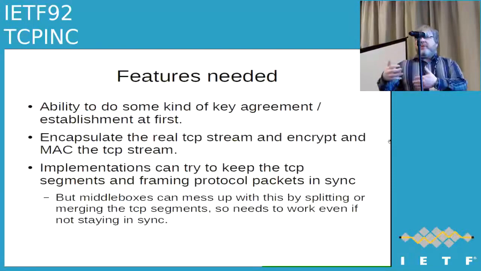If you implement it in user mode, you have no idea how TCP is going to be segmenting it, so you just have to do some kind of best-effort guessing, say, okay, I used 500-byte records just to make sure I don't have this problem, versus sending a 65 kilobyte record, where you then have to receive it completely before you can start decrypting and checking it. So these are implementation issues that you have to be thinking about.